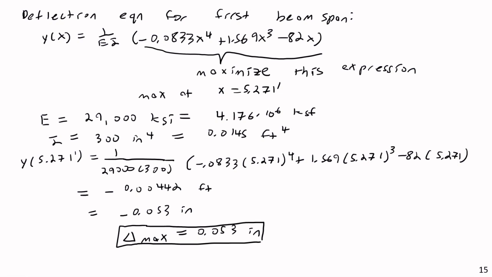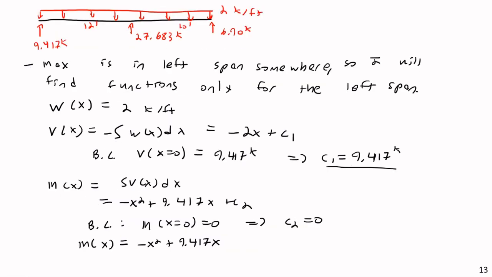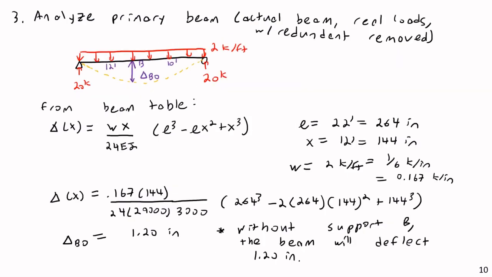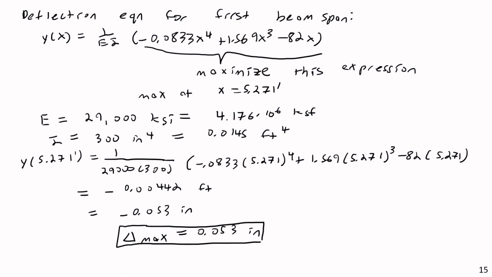It is kind of neat to look at the relative ratios of this. Without the middle support, we had a deflection of 1.2 inches, and with the middle support, we have a max deflection of 0.053. So 1.2 over 0.053: the deflection is 22 times higher without the support than with the middle support.